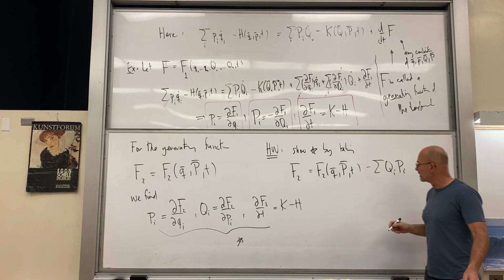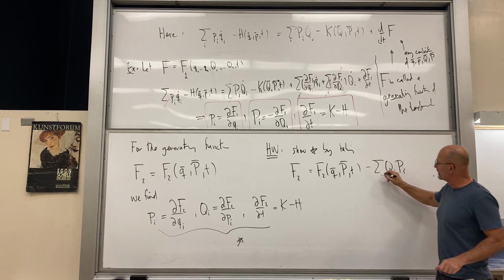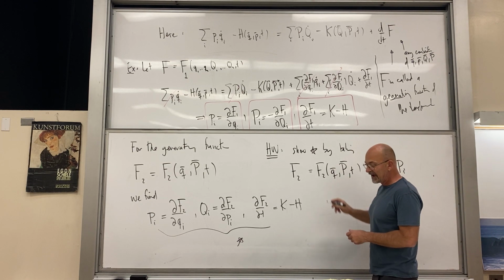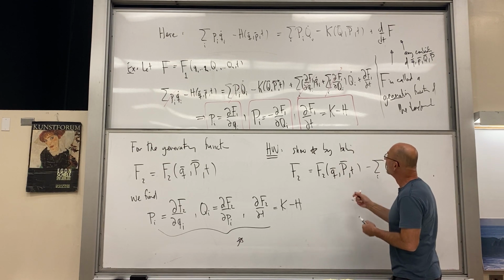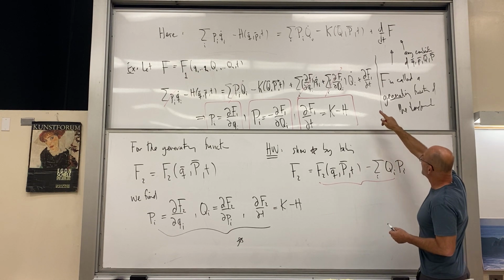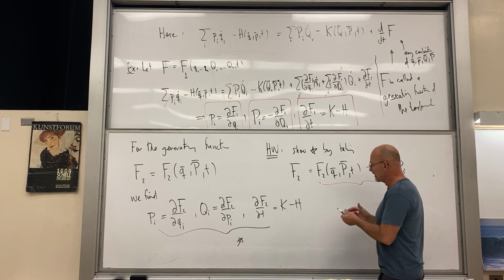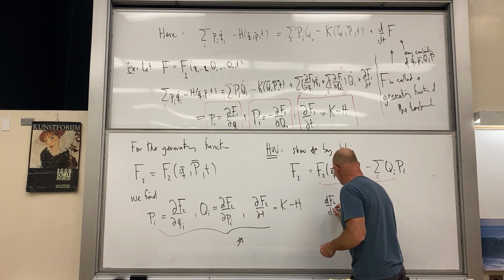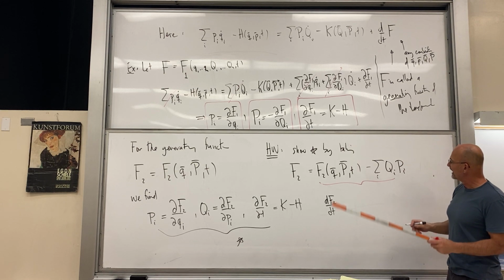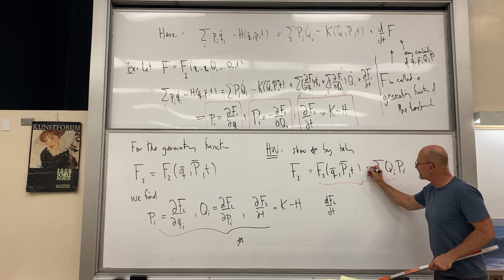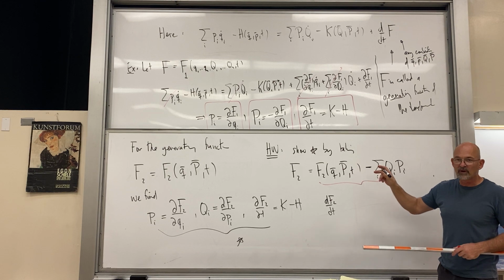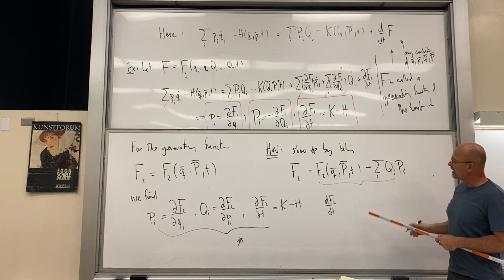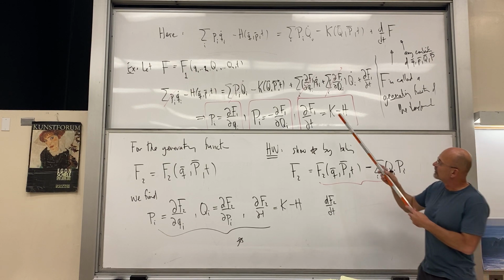So make sure you see that these are the uppercase. This is uppercase, that's lowercase, those are the old ones. So what you do is you take this thing into the same calculation I did up there, and then you do dF2/dt, expanding it out, and having subtracted this, just the way we did before in our Legendre transformations, off of the F2, that's how you're going to switch out those coordinates.